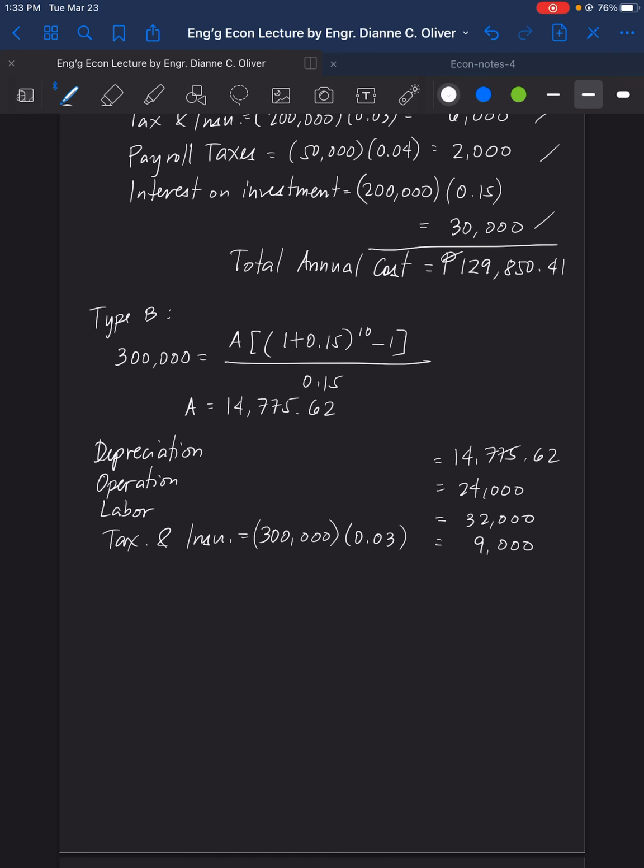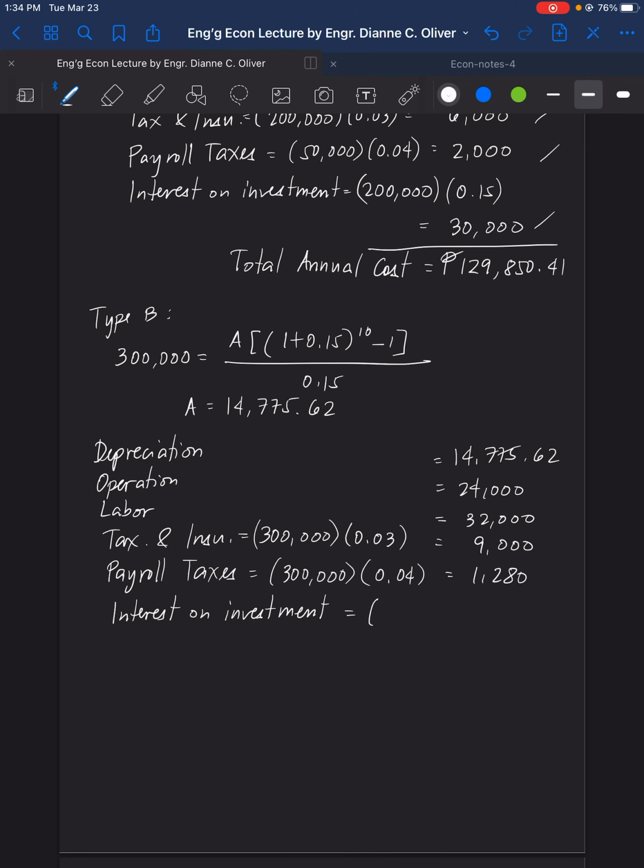Then we have the payroll taxes, that is equal to the first cost multiplied with the 4%, that is equal to 1,280 pesos. And then for the annual worth, we have the interest on investment.